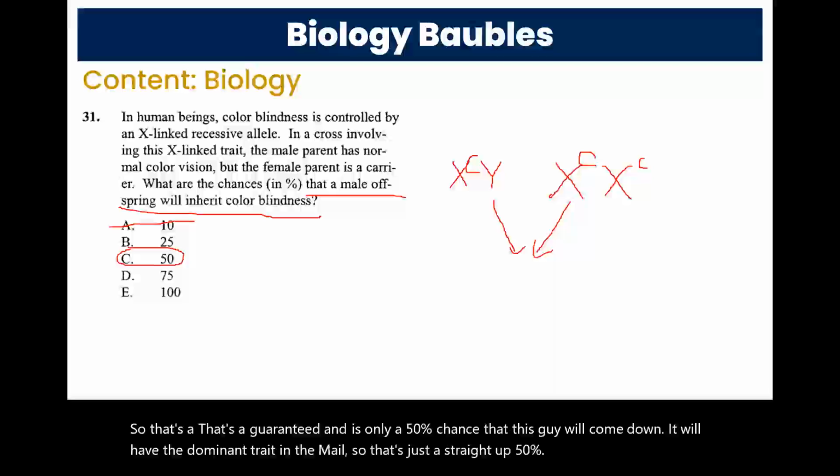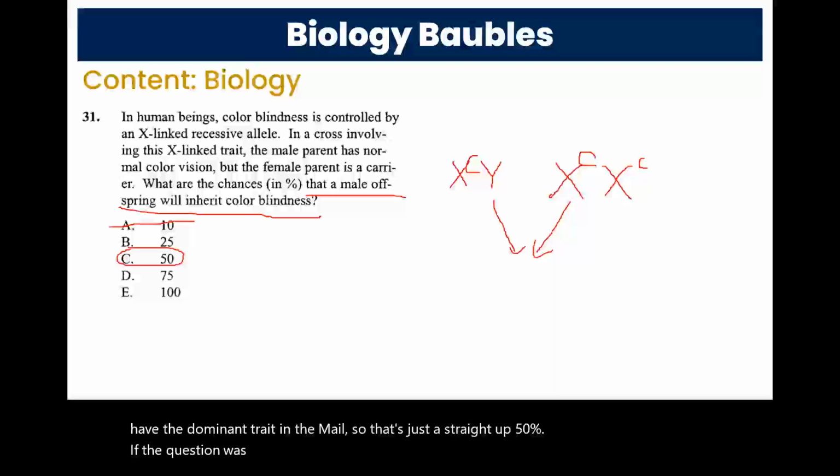If the question was rephrased just a little bit, the answer could be different. If they had said, what is the chance that a child would be male and colorblind? If they did that, what's the answer?